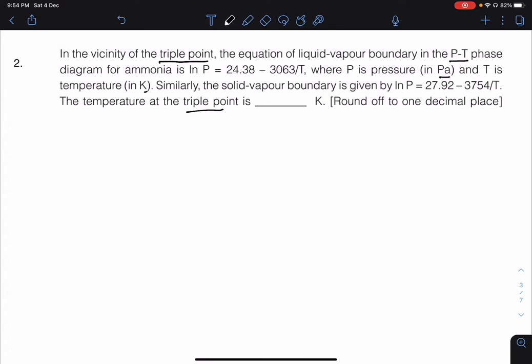In GATE, you should read the units very carefully. This is in Pascal and this is in Kelvin. So they are asking for Kelvin only. So we know the diagram.